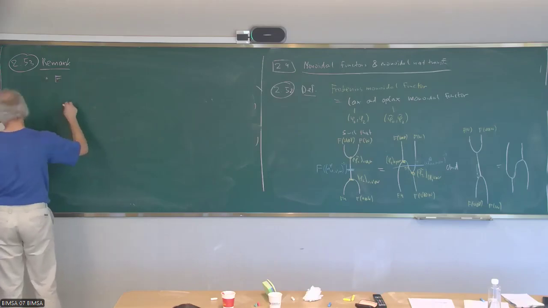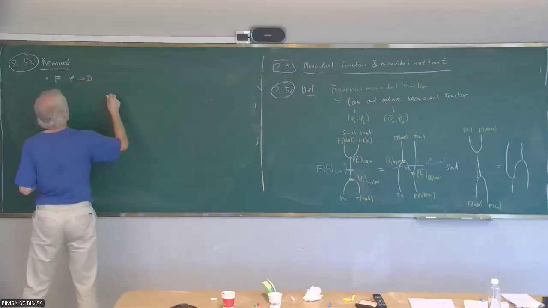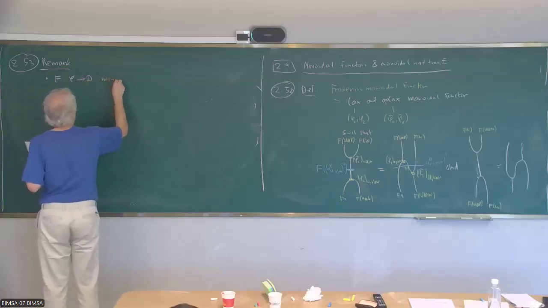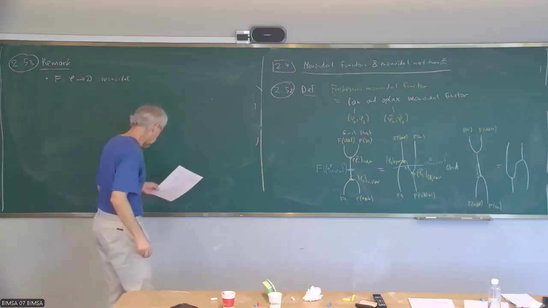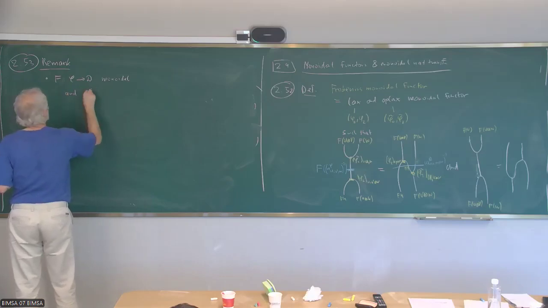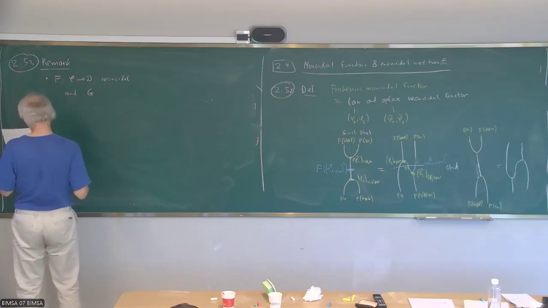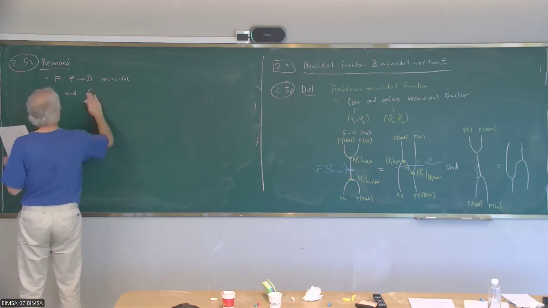Assume F from C to D is a monoidal functor, so strong monoidal. And we have the left adjoint, so we assume that it exists.